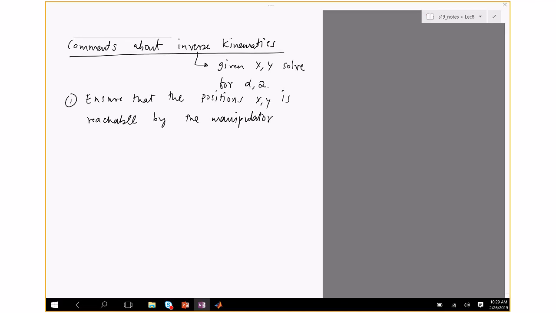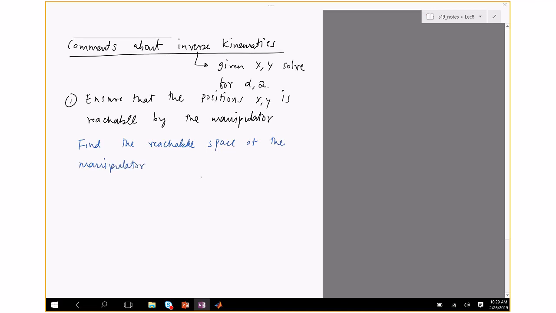My hand can reach only this much, and so I can draw anything here, but I cannot draw anything beyond that. So find the reachable space of the manipulator.